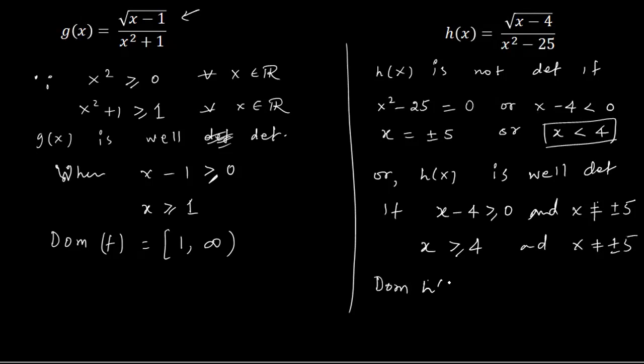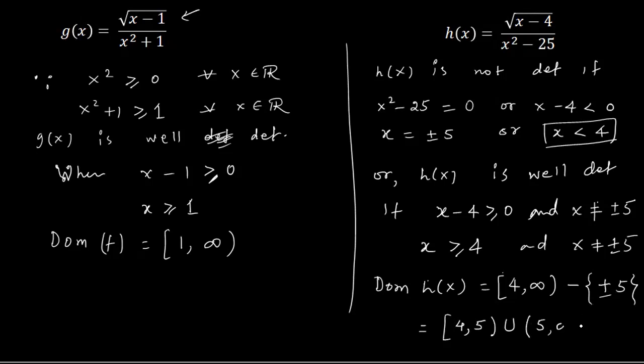domain of h of x is basically 4 to infinity minus plus minus 5, or we can rewrite this as 4 to 5, 5 is not included, union 5 to infinity.